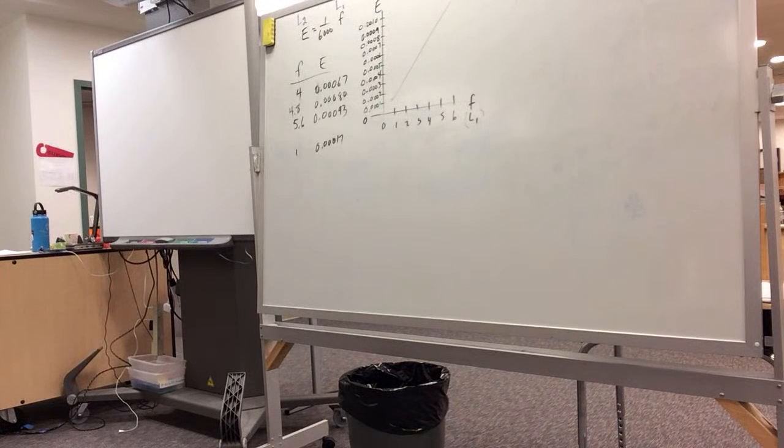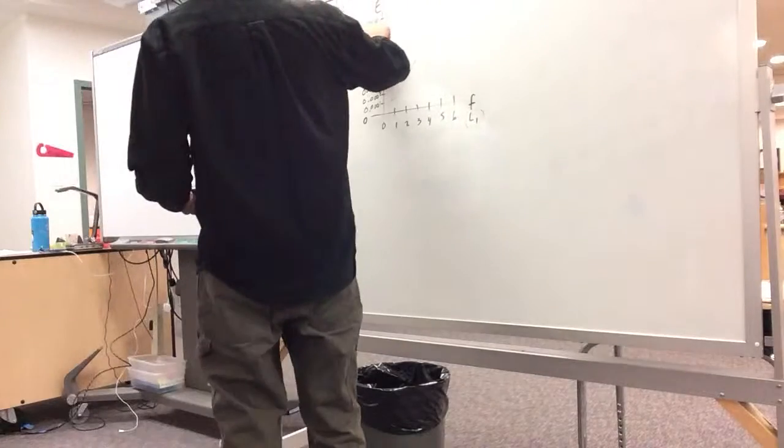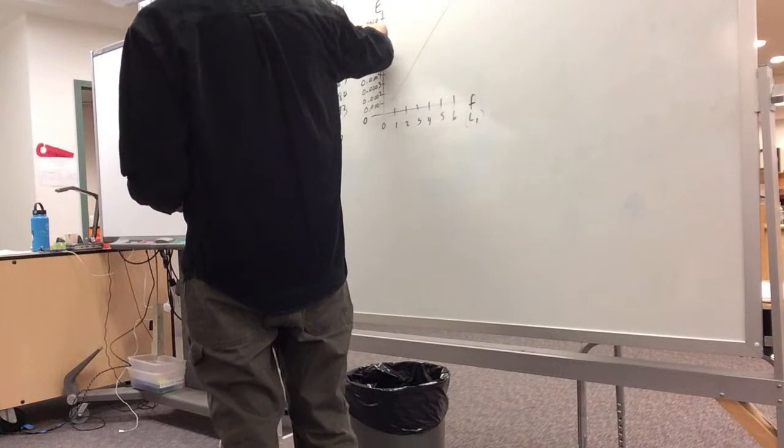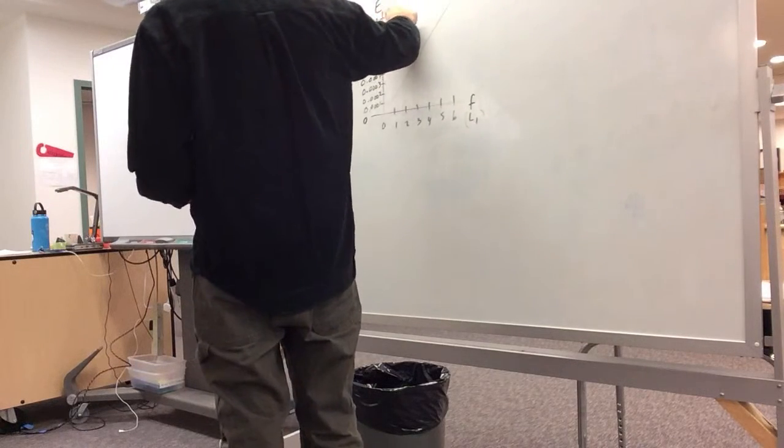Are they gonna graph okay for you? Are they gonna fit on the graph that you have? No, they're not, because 0.0052 is gonna be 5 times as big as this. 0.0052 will not fit on the graph.